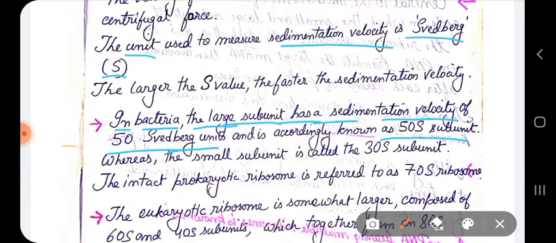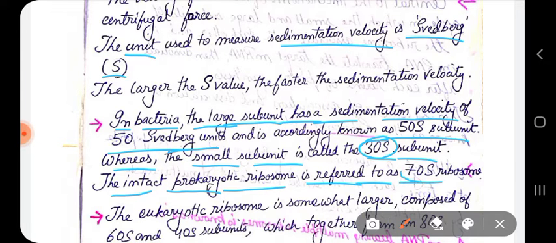That's why we name the large ribosomal subunit of bacteria as the 50S ribosomal subunit, whereas the small ribosomal subunit is called the 30S ribosomal subunit, and the full intact prokaryotic ribosome is referred to as the 70S ribosome.